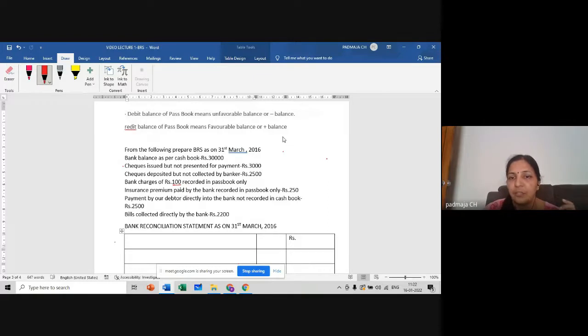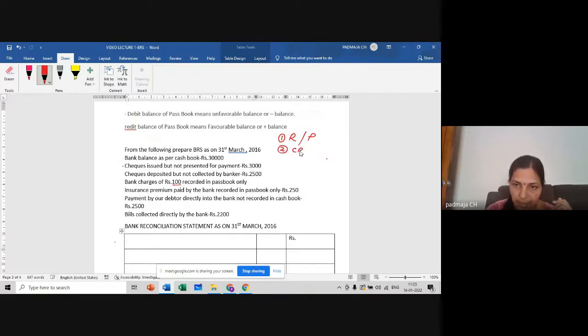What are they? The first one is whether a given item is a receipt or a payment. You should be able to identify by going through the transaction whether a given item is a receipt or a payment. Then the second one is where is it recorded?